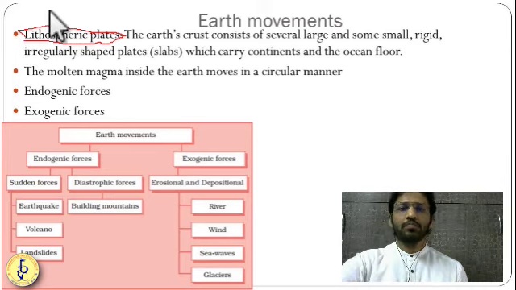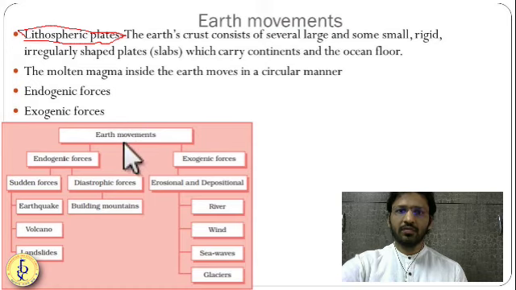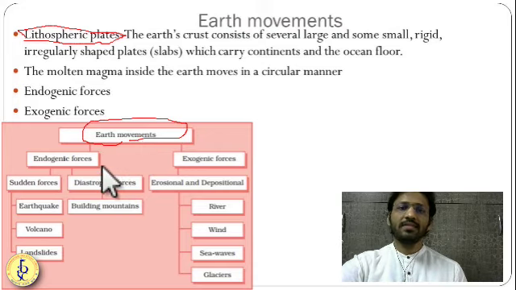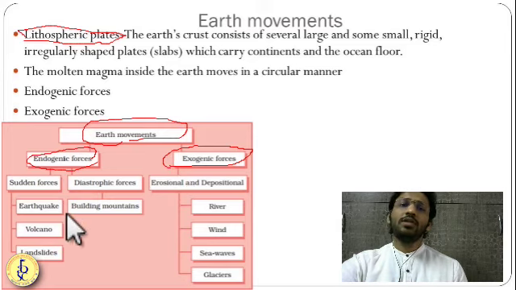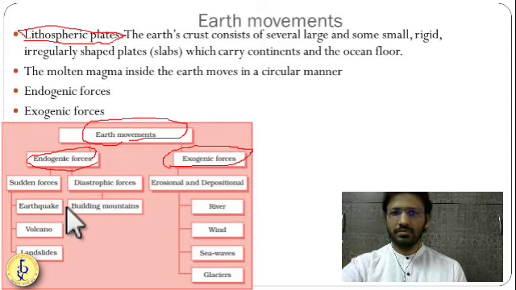So here on the screen you can see this flow chart, very important to remember the earth movements. Earth movements can be classified into two types: those created by endogenetic forces, and those because of exogenetic forces. Endogenetic forces can be sudden forces.